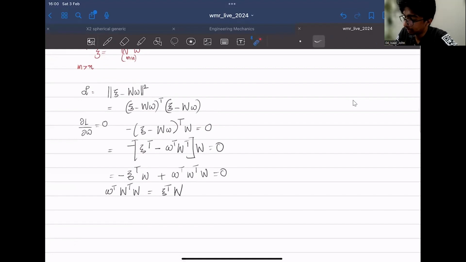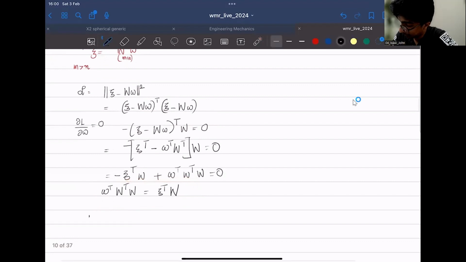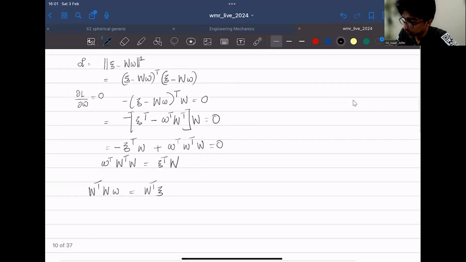Again, if you take the transpose of this equation, that will be W transpose W omega equals W transpose theta. So omega would be, taking this term to this side, W transpose W, the whole inverse, W transpose theta.